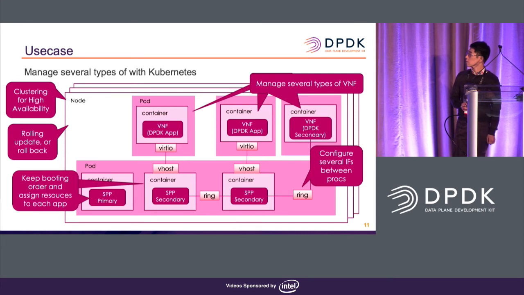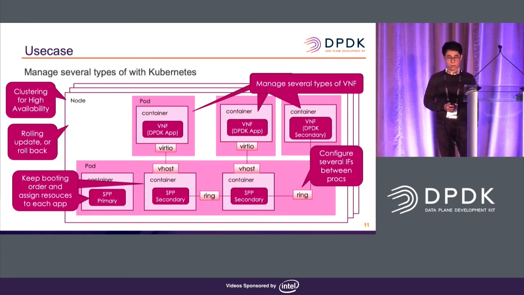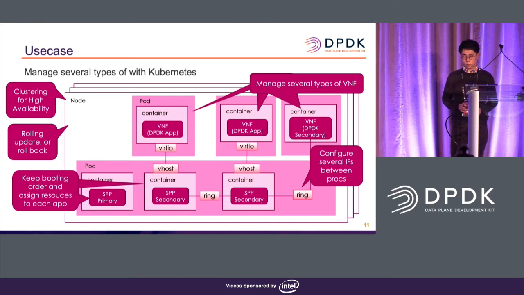And this is a typical use case of requirements. So for higher availability, we need several nodes and to configure clustering. And it's also doing a rolling update or rollback. And keeping boot order is also important.